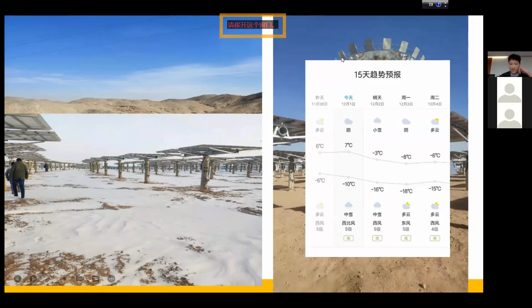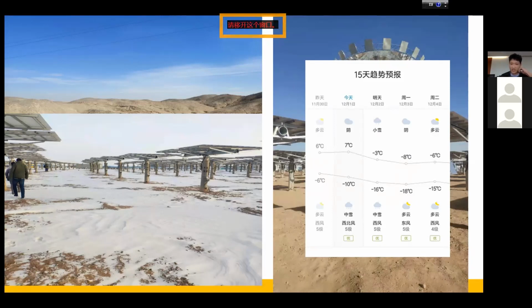And since these are remote areas in the Gobi and the desert, the temperature has a wide range. You can see that on the first day I arrived there, it was -6 to 6 degrees, but several days later, it dropped to -18 degrees.